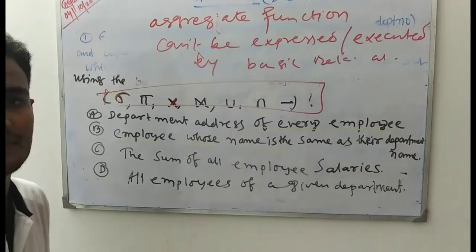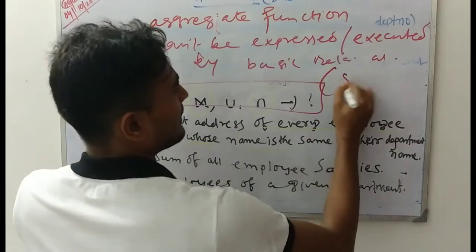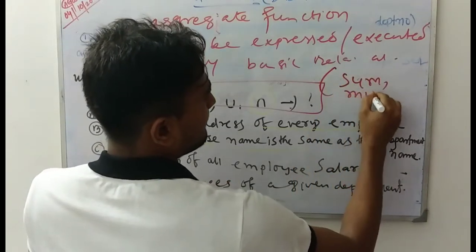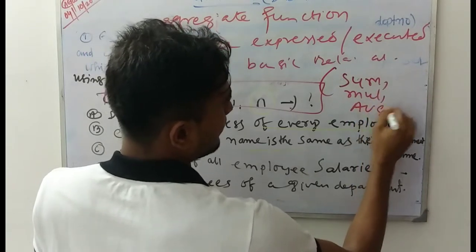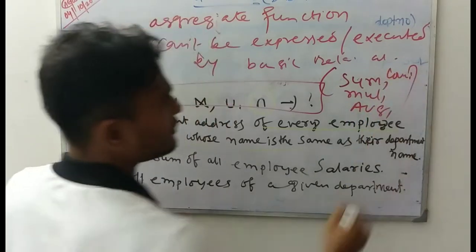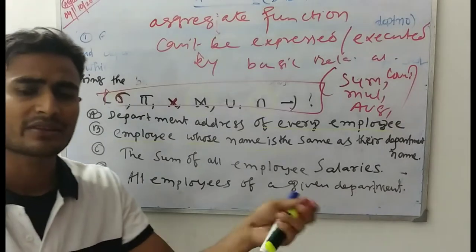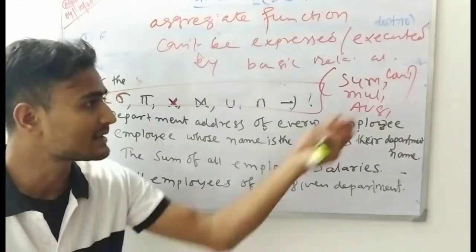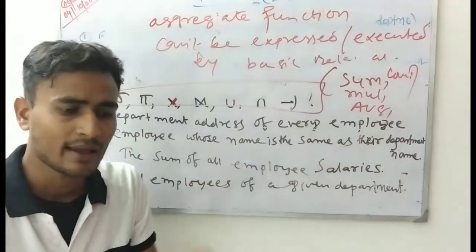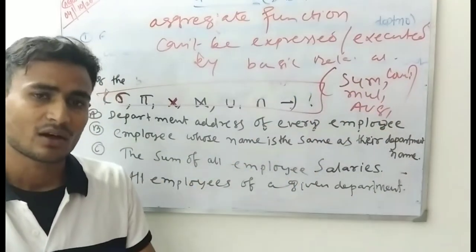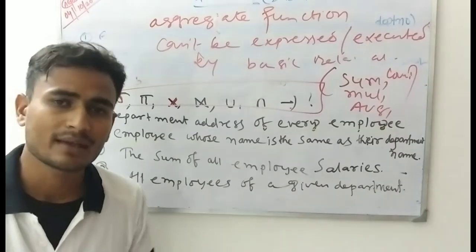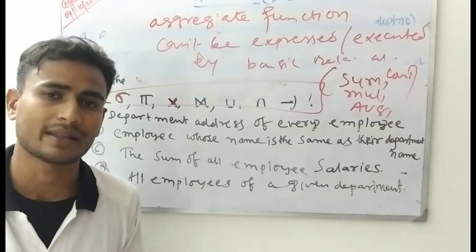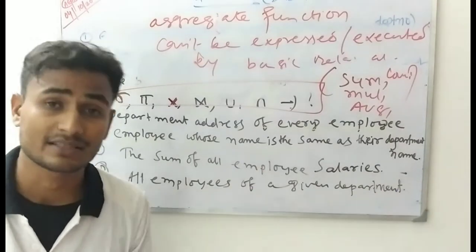What is an aggregate function? For example sum, multiply, average, count. These come under aggregate functions. So which queries cannot be derived or executed by basic relational algebra?